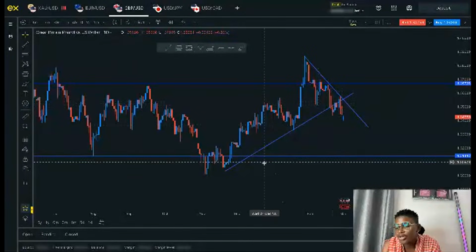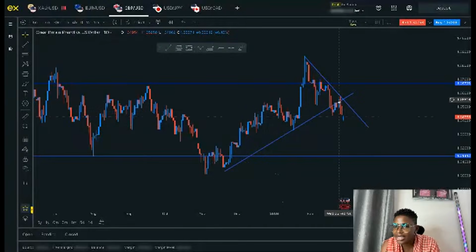You can see. So this uptrend on this daily has been violated.